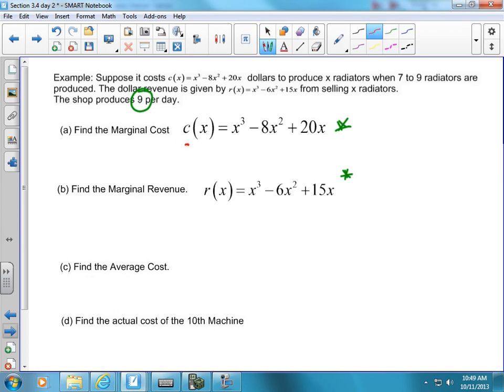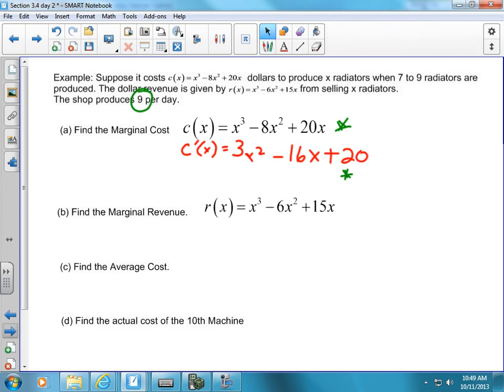So marginal cost is the derivative of the cost. 3x squared minus 16x plus 20. And what we do with that equation is plug in 9 so that we get the marginal cost at 9.